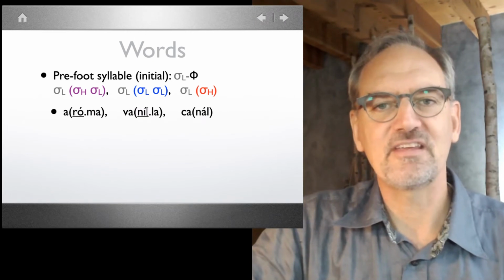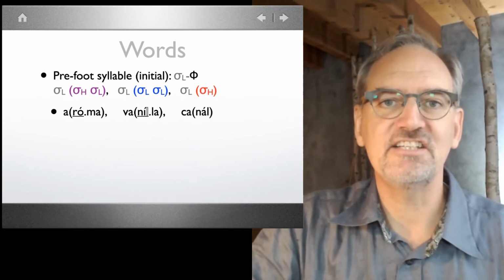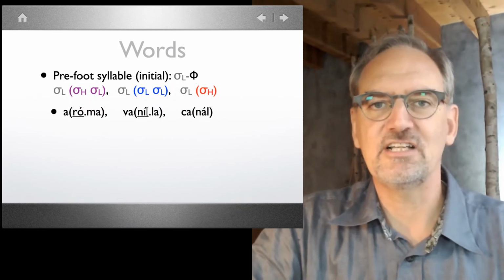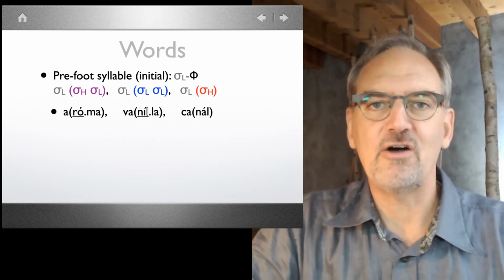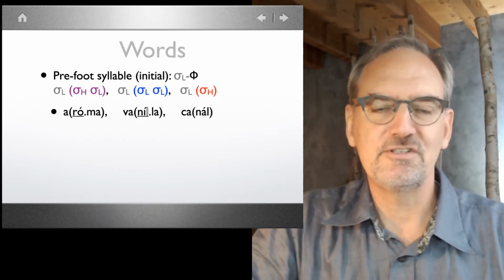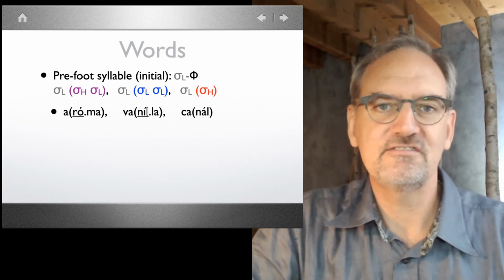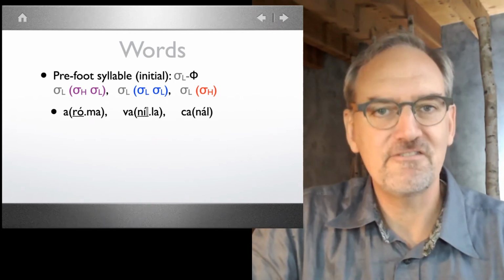Only the 1 syllable gets stressed. And notice that in each case, this pre-foot syllable always undergoes vowel reduction. Vowel reduction affects unstressed syllables. Syllables outside the foot can't receive stress, since stress is part of feet.